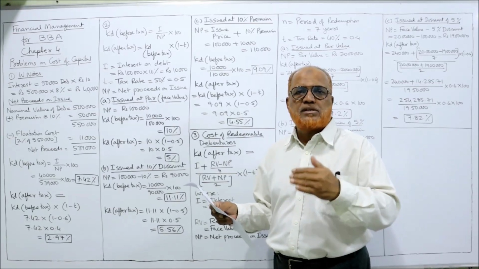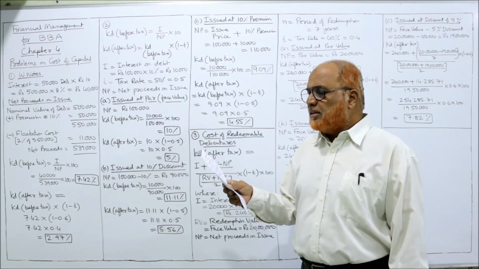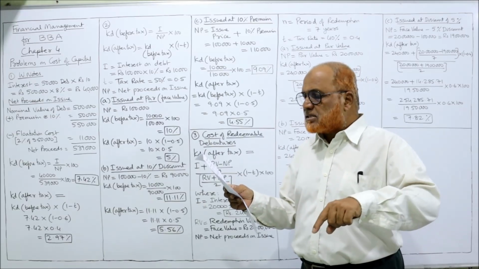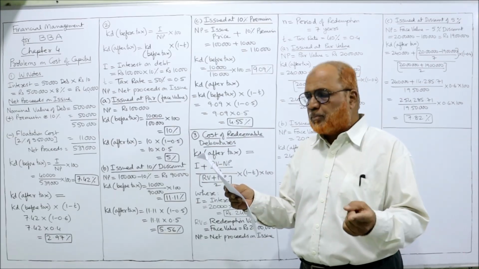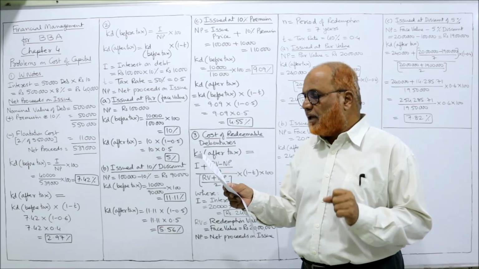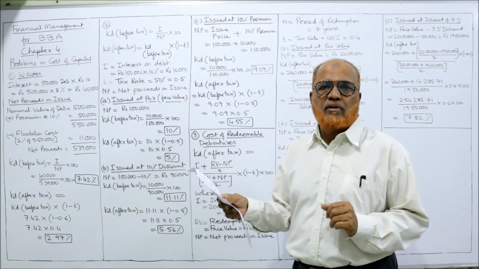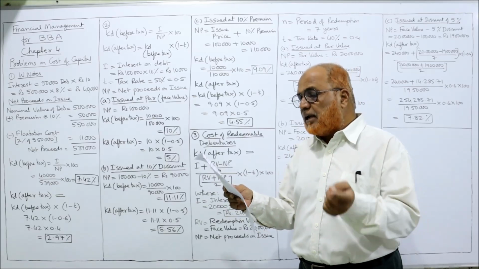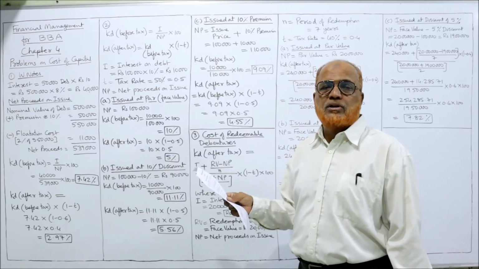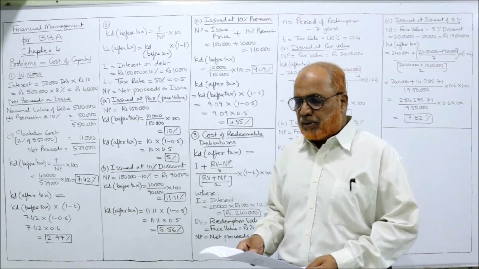Annual 10,000 rupees interest payable. The tax rate is 50%. Determine the cost of debt before tax and after tax, if the debt is issued at par value, A. Par value means face value, nominal value. Then at 10% discount, B. Then at 10% premium, C.